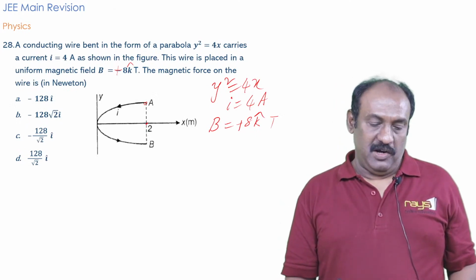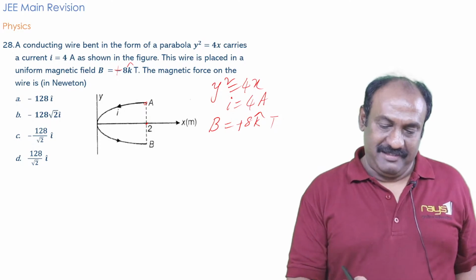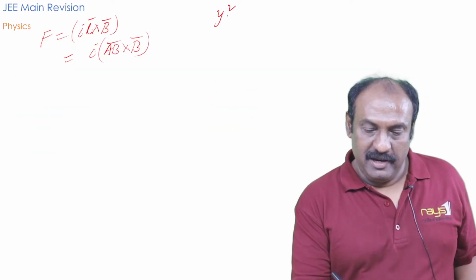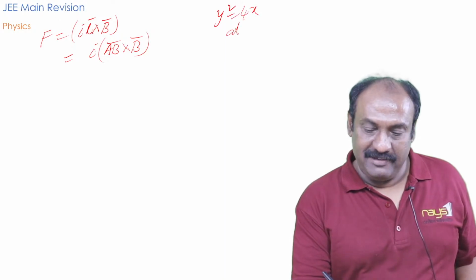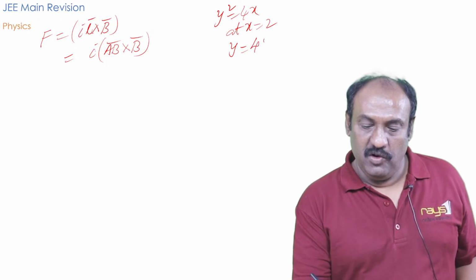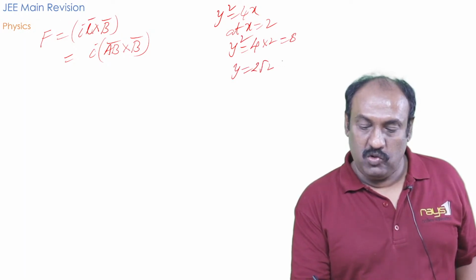AB bar is the shortest length of the wire placed in the uniform magnetic field. Now how do you calculate this? y square is equal to 4x, and the x value is given as 2. At x equal to 2 meter, y square is 4 into 2, that equals 8, so y equals 2 root 2.